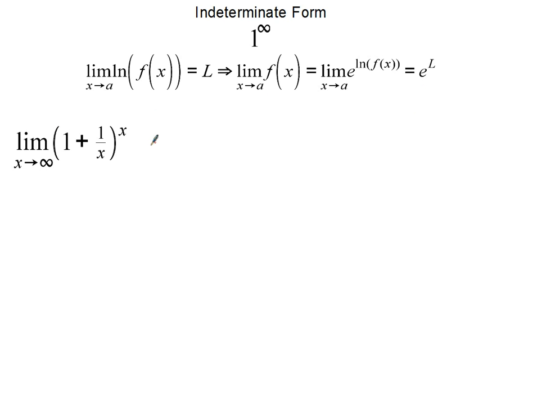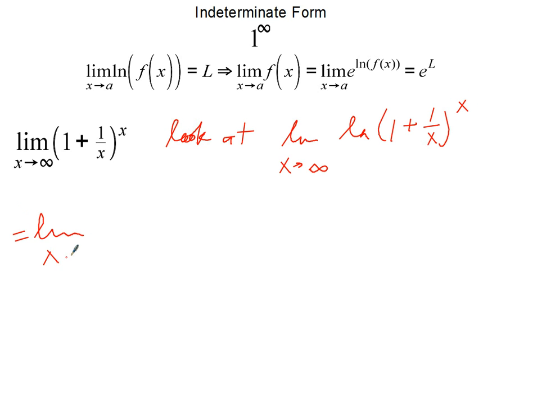So here we will look at the limit as x approaches infinity of the natural log of (1 + 1/x)^x. This allows us to rewrite this as the limit as x approaches infinity of x times the natural log of 1 + 1/x.